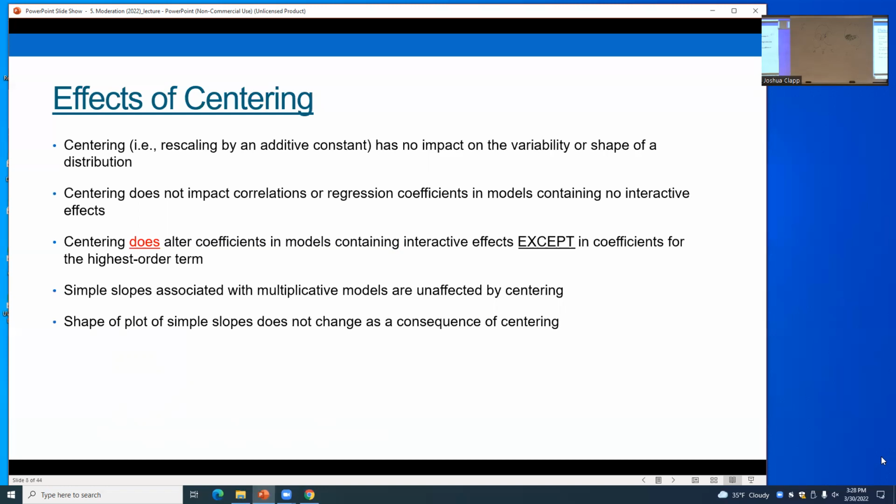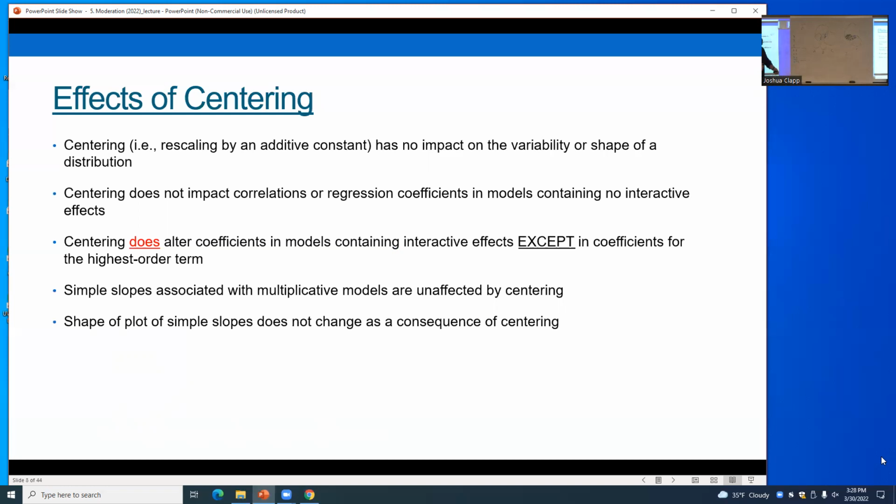When I'm talking about higher order terms, I'm talking about if I've got vectors X, Y, and Z, and X times Y, X times Z, Y times Z, and X times Y times Z. These are my first order effects or lower order effects. These are my higher order effects. So that's a 3-way interaction. We got 3 2-way interactions and then 3 main effects, right?